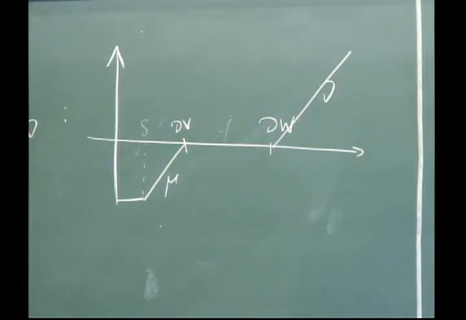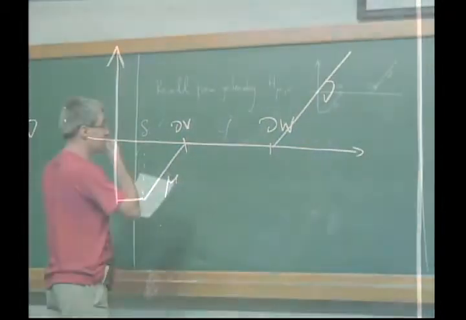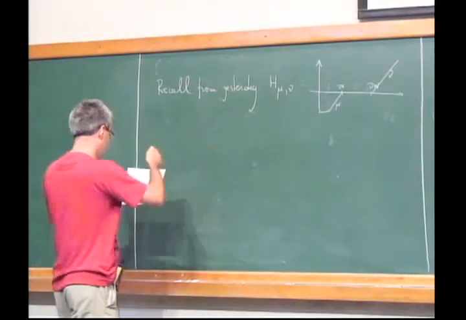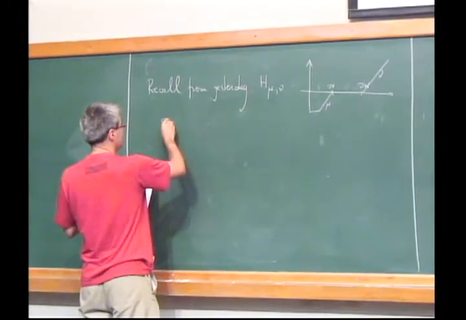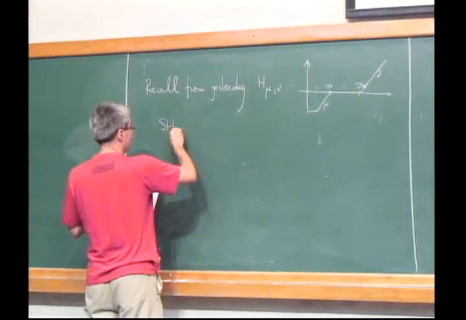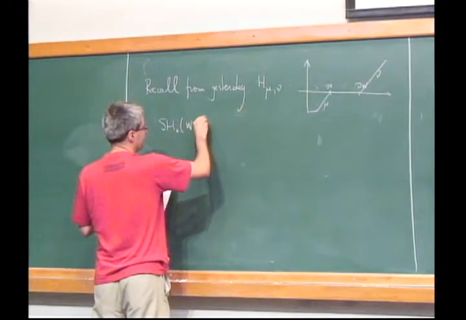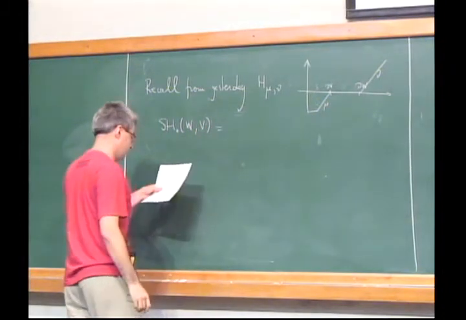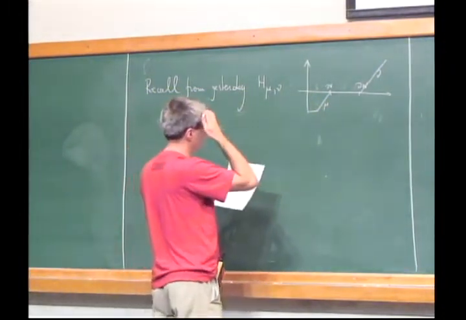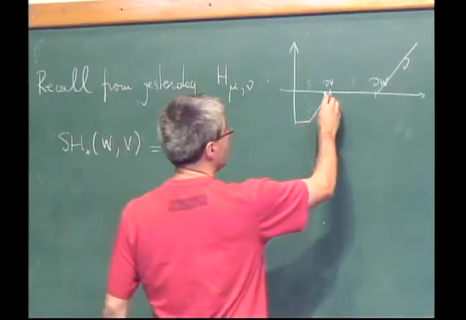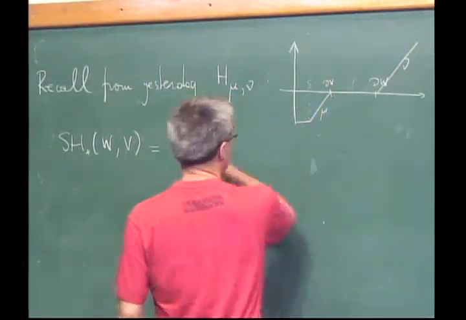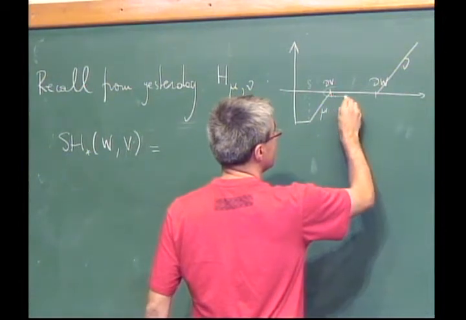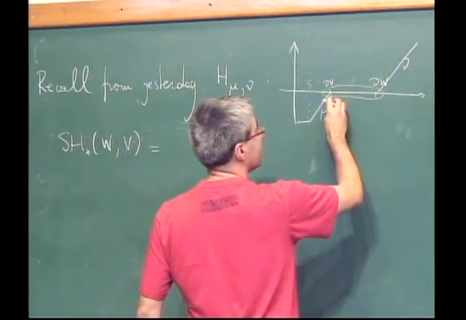And so I will write what this relative symplectic homology group is. I had argued that you want to take into account for these relative homology groups these guys, right?